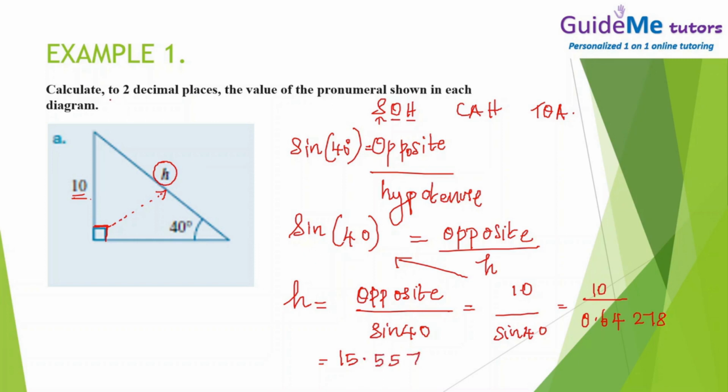And in the question, it is asked to calculate to 2 decimal places. So now there are 3 decimal places. We are going to round it to 2 decimal places, which is 15.56. How did we get 6? We are rounding it. The number next to 5 is 7, which is greater than 5, so we round the 5 up to 6. So we'll get 15.56.